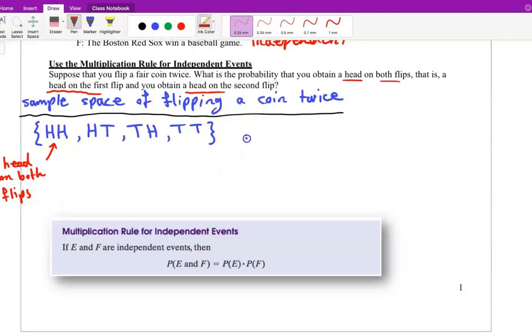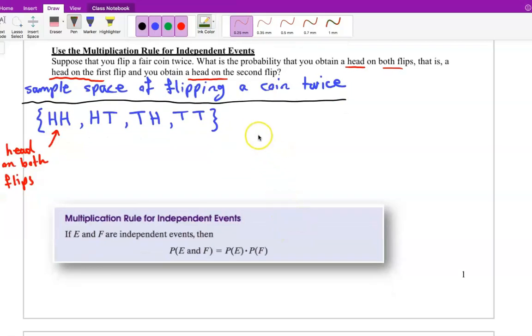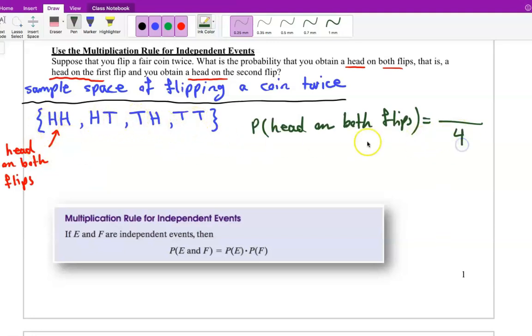So here probability of having both of these heads is equal to, in total we have 4 outcomes, and on top how many have both heads? We only have one, and that is on top. So the answer for probability of having both heads is 1/4.